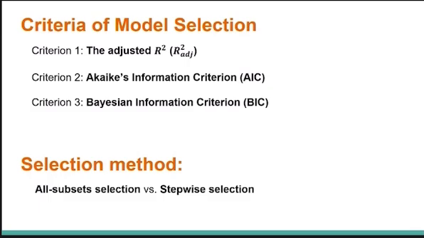But stepwise selection says I'm going to go sequentially, that's why it's called stepwise. I can choose to go by forward selection. I can choose to go by backward elimination. I can choose to go by both directions.